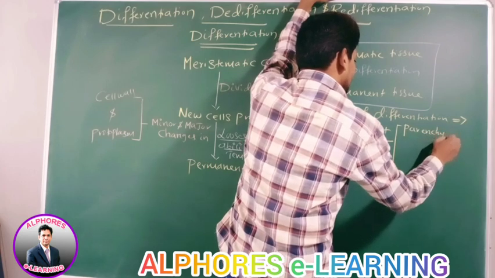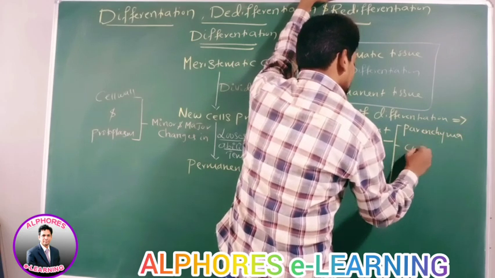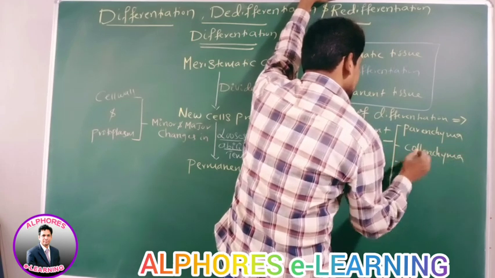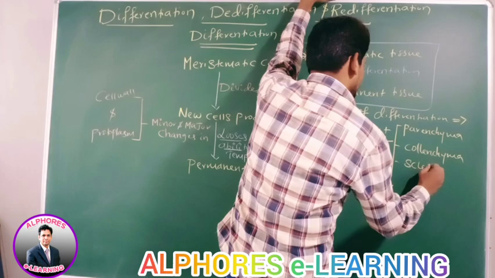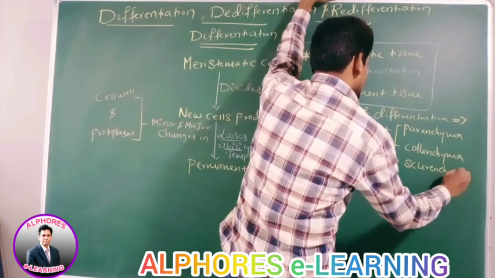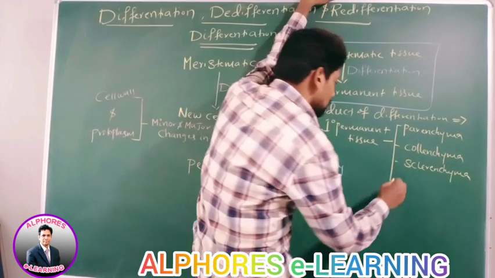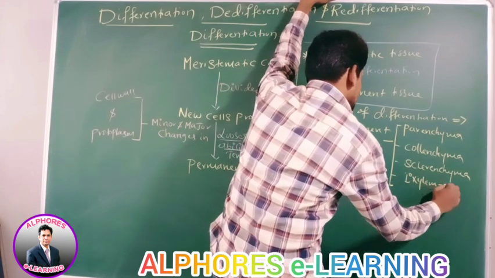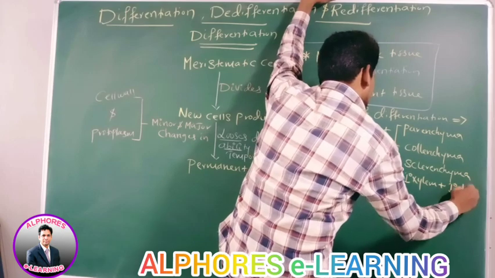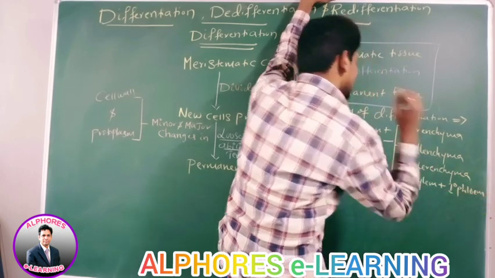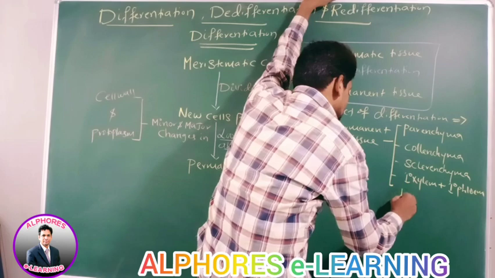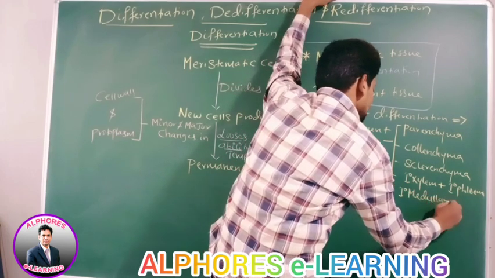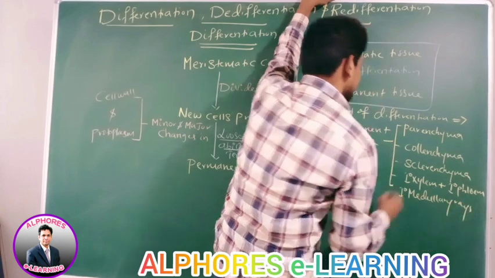First one is parenchyma. Second one is collenchyma. Third one is sclerenchyma. Next one is primary xylem and primary phloem. Next one is primary medullary rays.